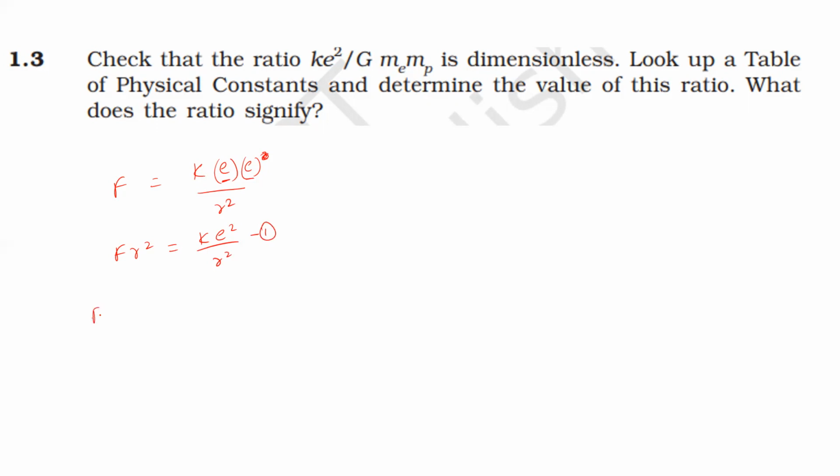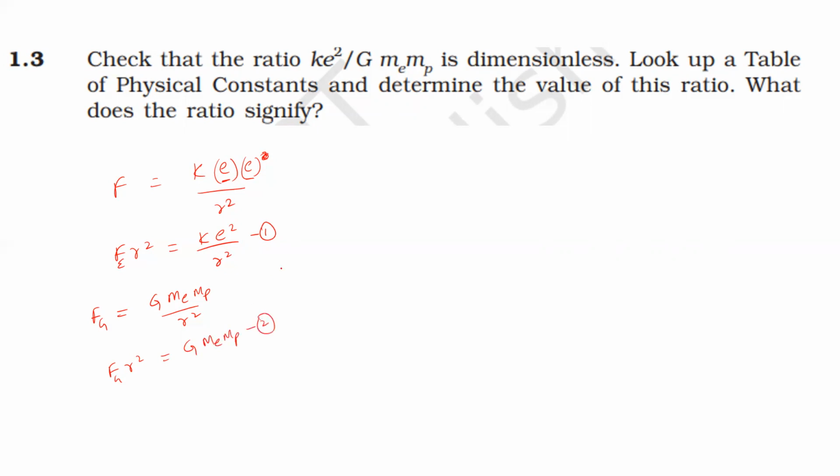And the gravitational force between electron and proton is given by F equal to G into mass of electron into mass of proton divided by r square. Now we can write this as gravitational force into r square equal to G into mass of electron into mass of proton. This is equation 2.